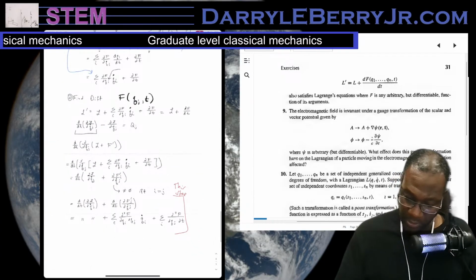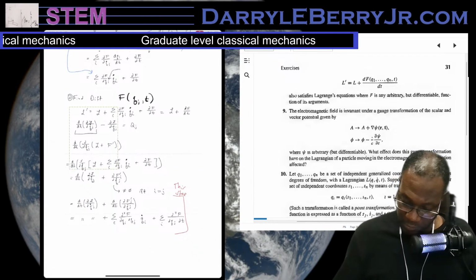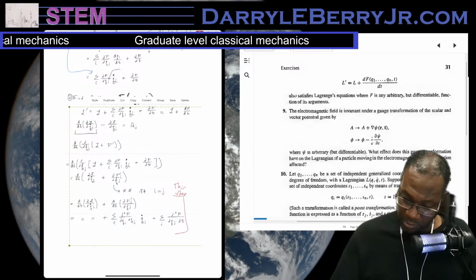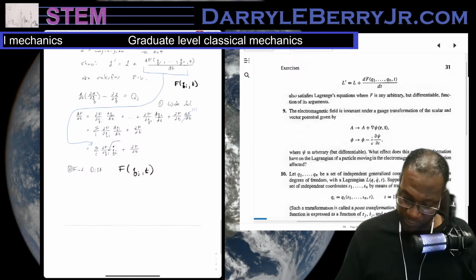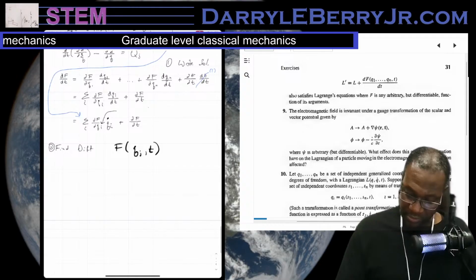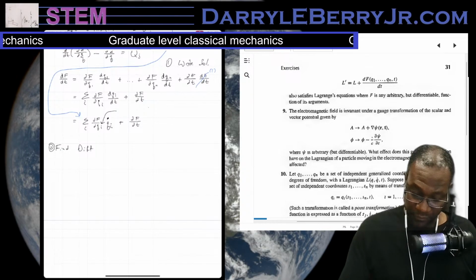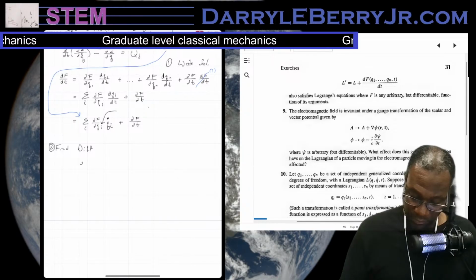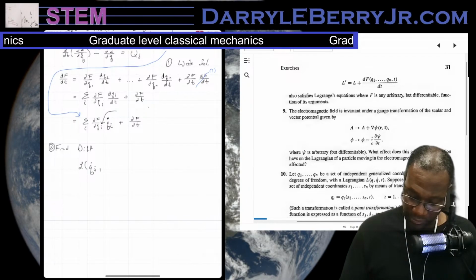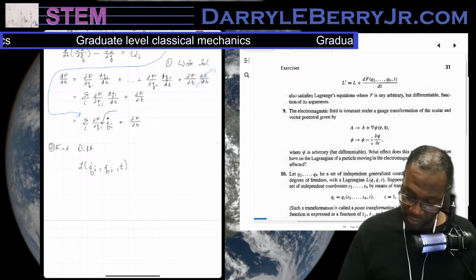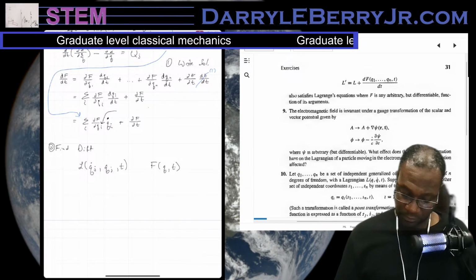All right. Need to back up on this part. So I was thinking about it incorrectly. Find the difference. So we have L is a function of q dot j, q j, and t, and f is a function of q and t.